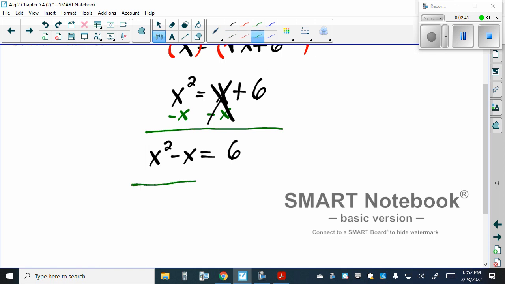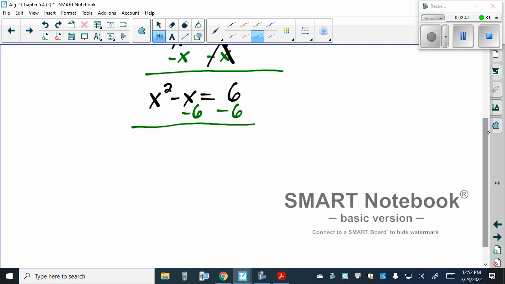Well, it's still not equal to 0, so we can go on and subtract 6 from both sides, which will tell us that x squared minus x minus 6 is equal to 0. Any questions on any of this here? Okay.